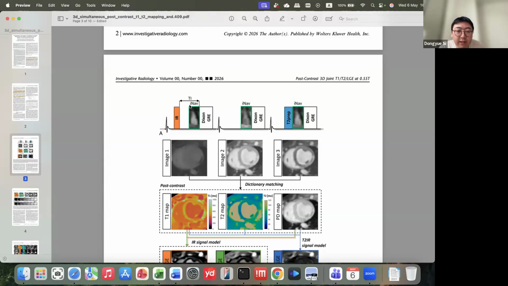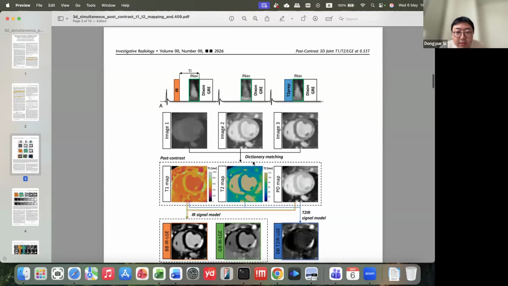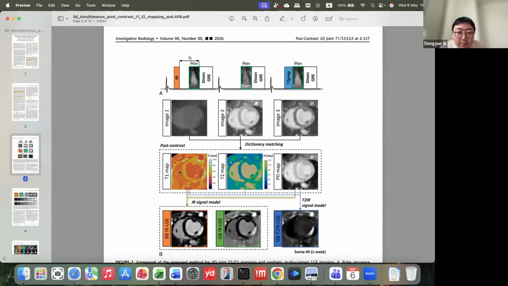We use an image navigator to allow 100% respiratory scan efficiency. The acquisition is also 3D Dixon, which allows water and fat separation. With the 3 images, we use a dictionary matching method to calculate T1 and T2 maps, as well as a proton density map.